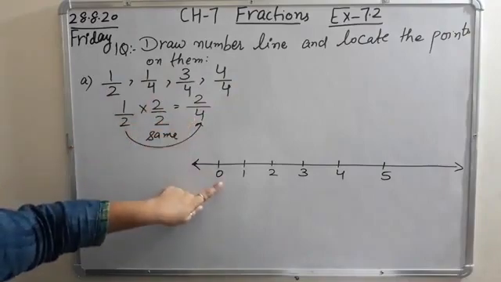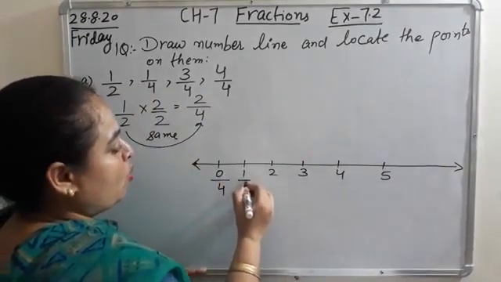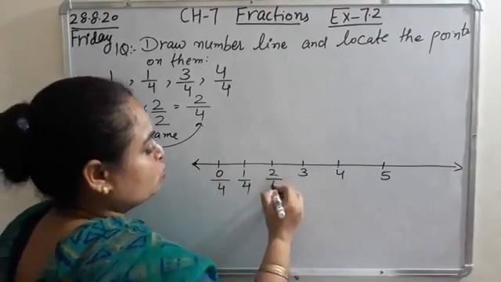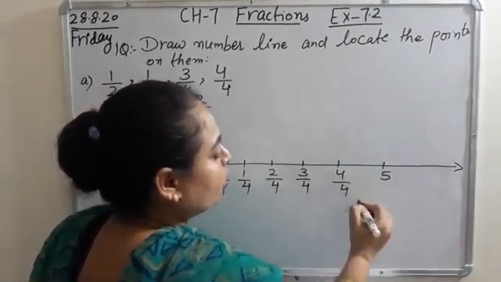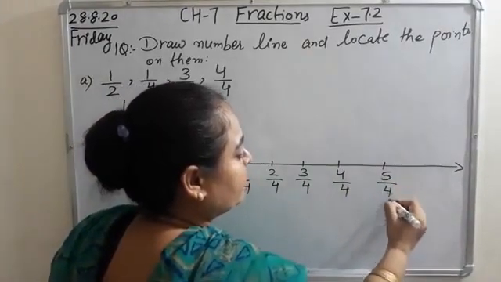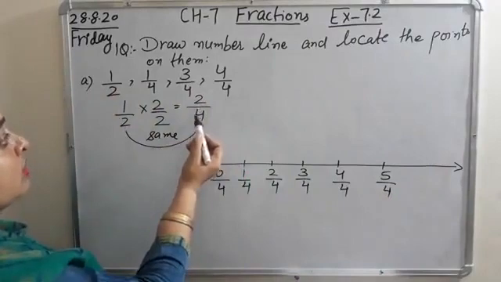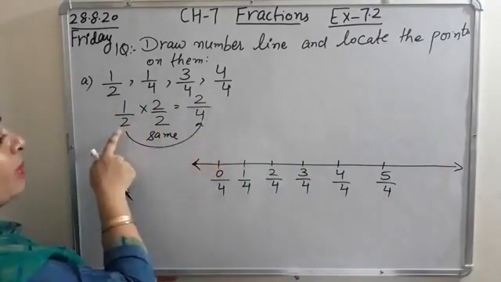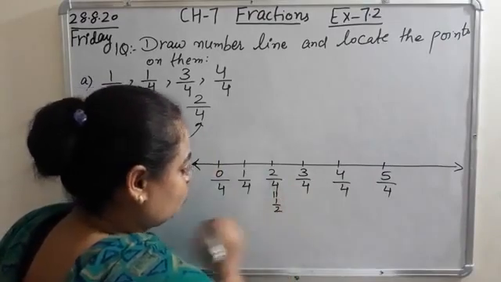So here the numbers by 4: 0 by 4, 1 by 4, 2 by 4, 3 by 4, 4 by 4 and 5 by 4. Check 2 by 4. This is the modification of 1 by 2. So 2 by 4 is equal to 1 by 2.